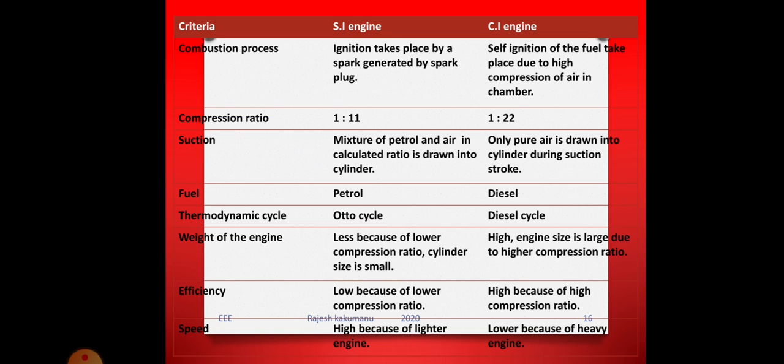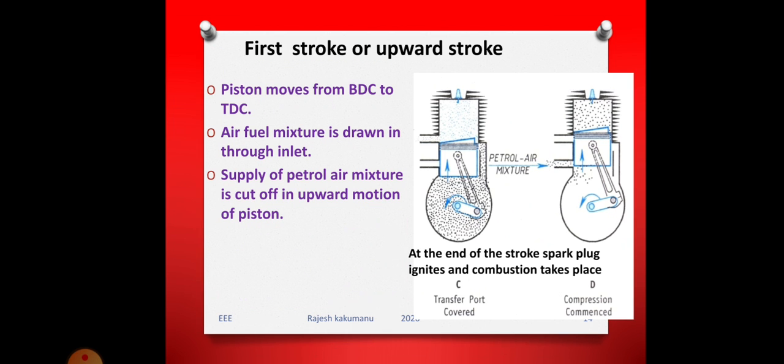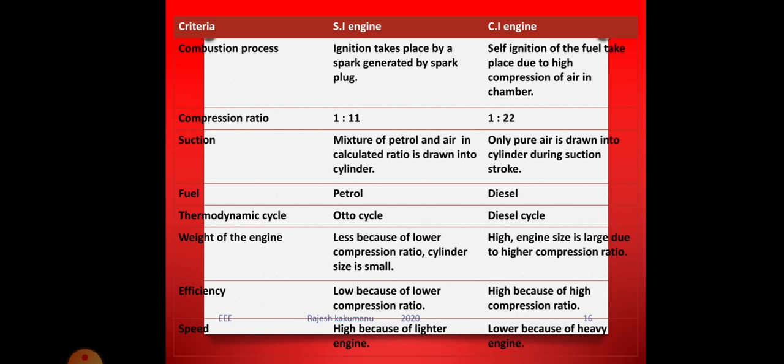In the SI engines, ignition takes place by a spark generated by the spark plug. As we already discussed, see here, the spark plug. In the spark plug, the combustion takes place, thereby the ignition takes place by the spark generated by the spark plug.